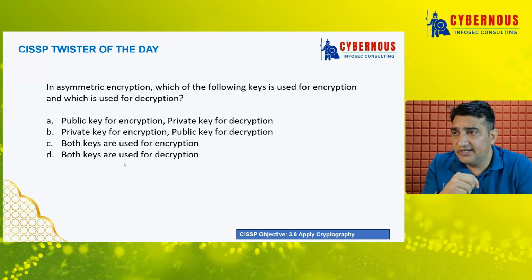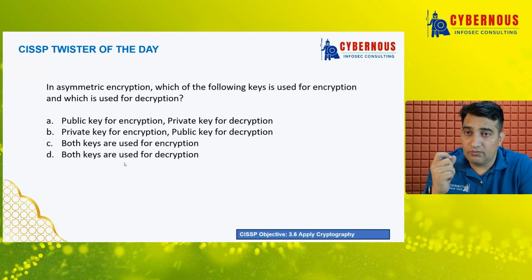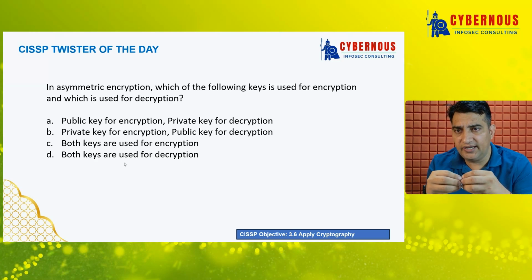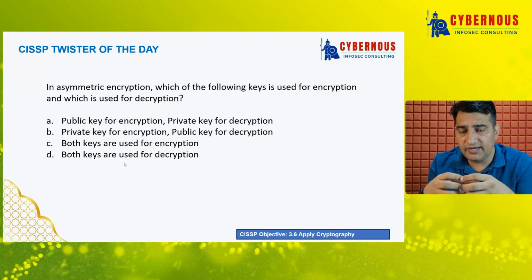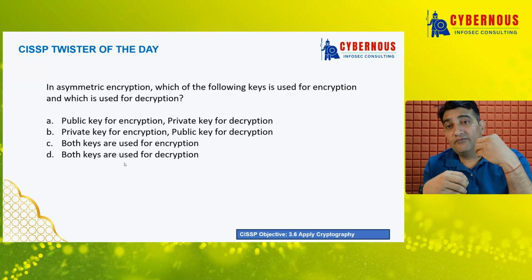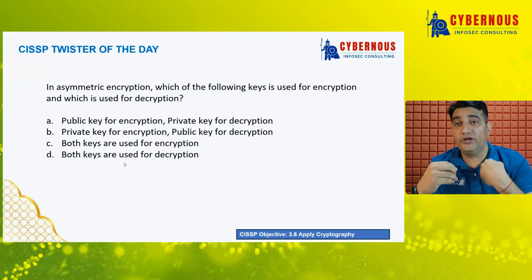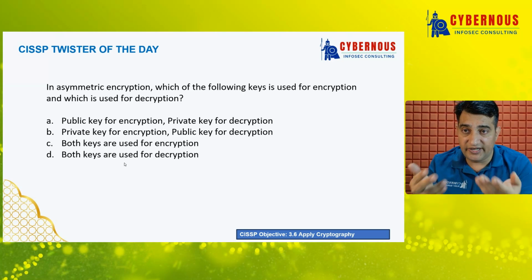Option A says public key for encryption and private key for decryption. So public key for encryption is right as always, but make sure that whatever public key you are using, it is not your own. It has to be from the other party. For example, I am going to send you a message through asymmetric cryptography.